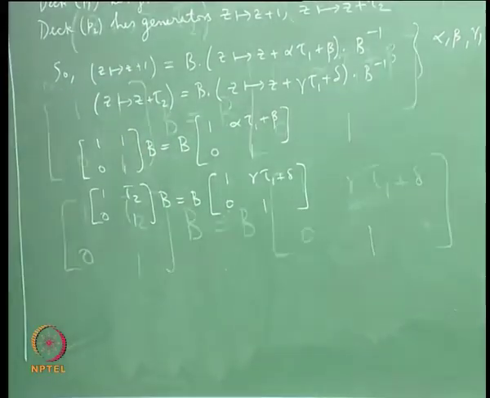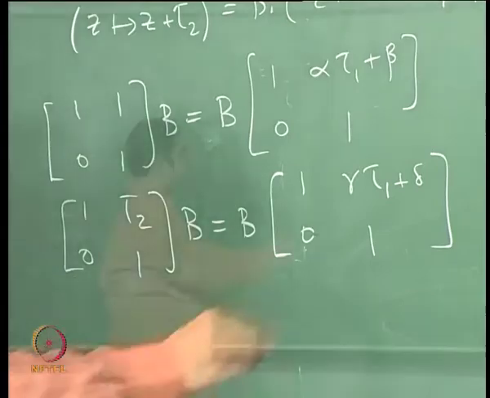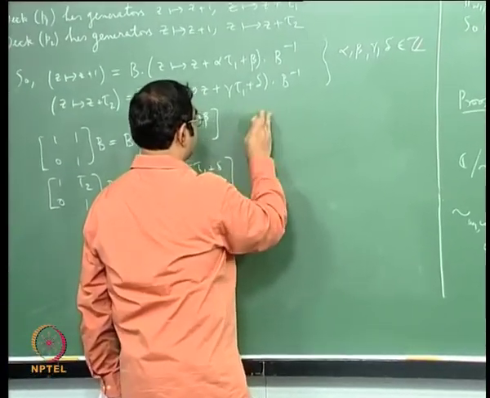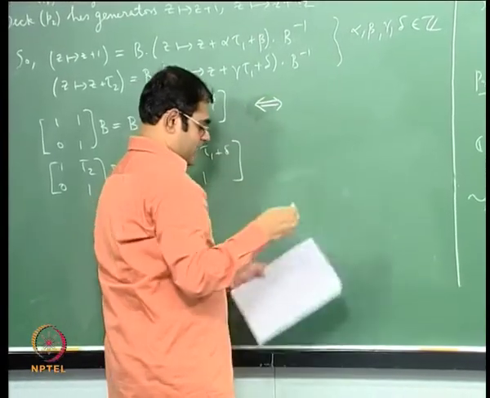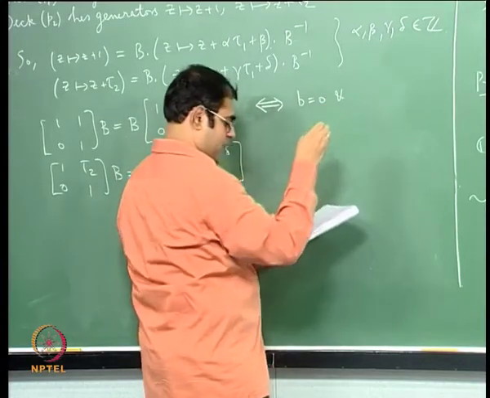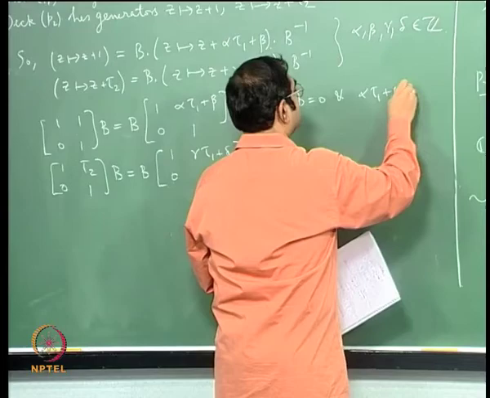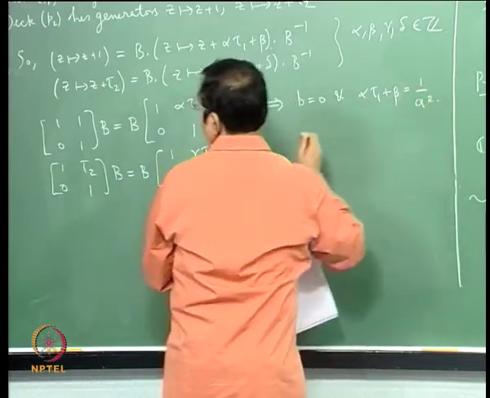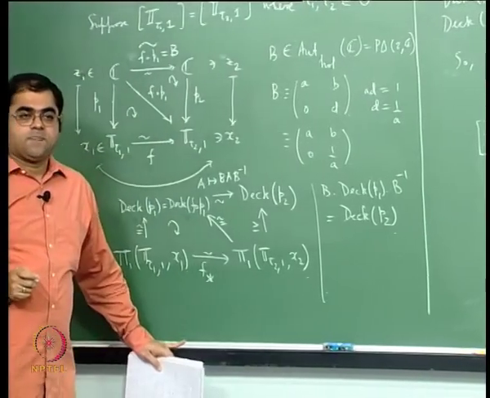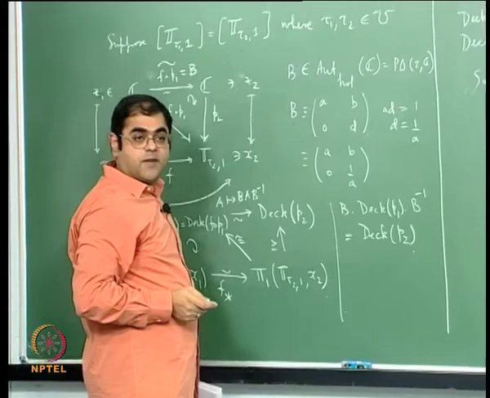I get this, okay. If you make the comparisons and write out, you will see that these two are true if and only if b equals 0, and you get alpha tau 1 plus beta is 1 by a squared, where this a was the a that we chose for the matrix representative of b in PSL2C, okay.